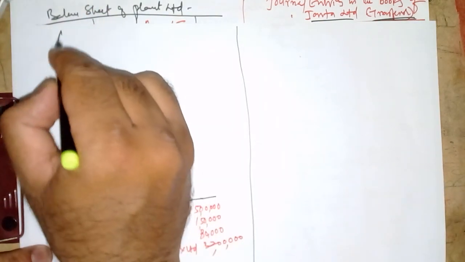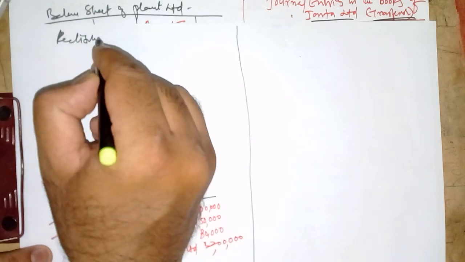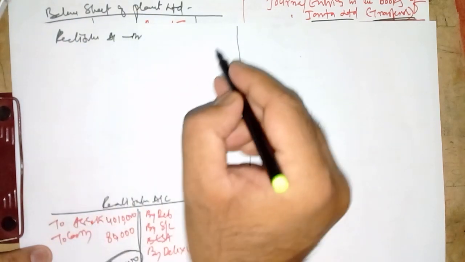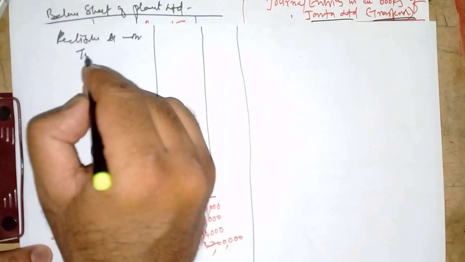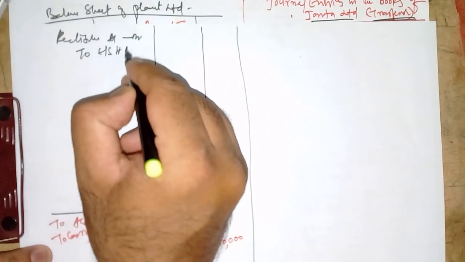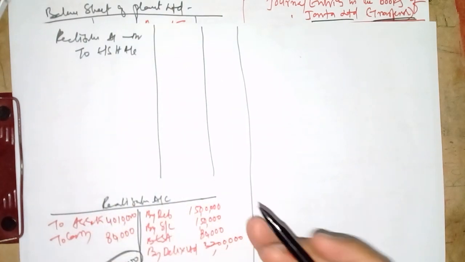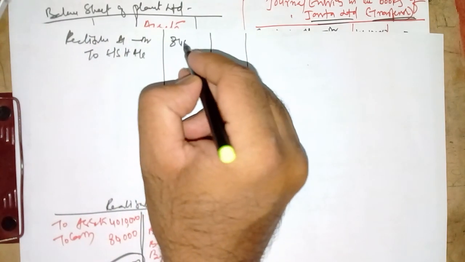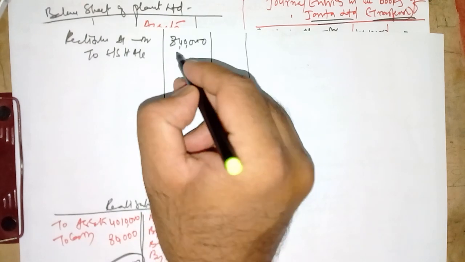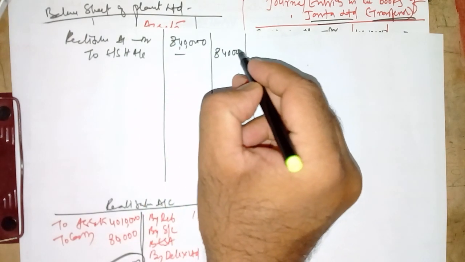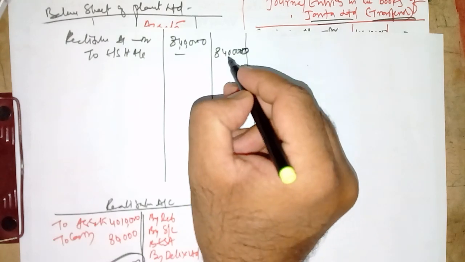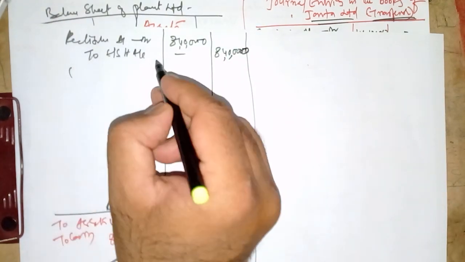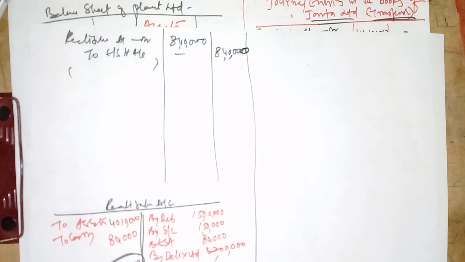Realization account debit to equity shareholders account, how much? 8,40,000 only, right?